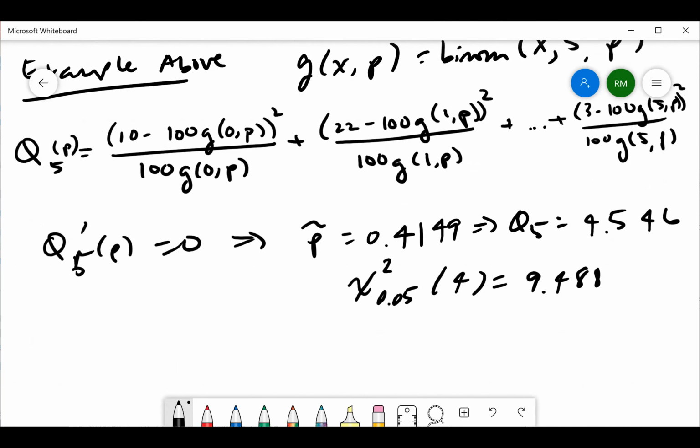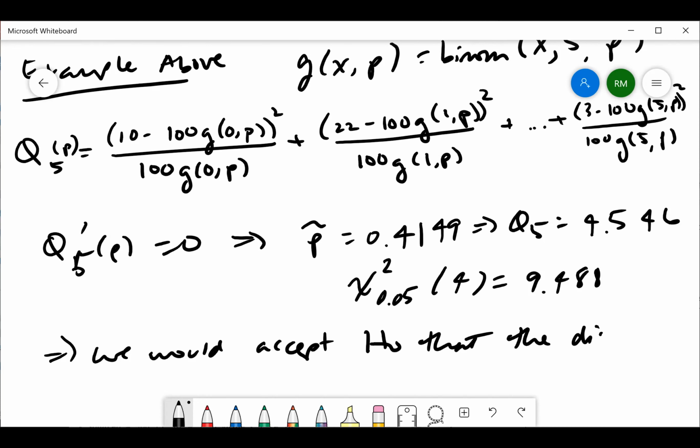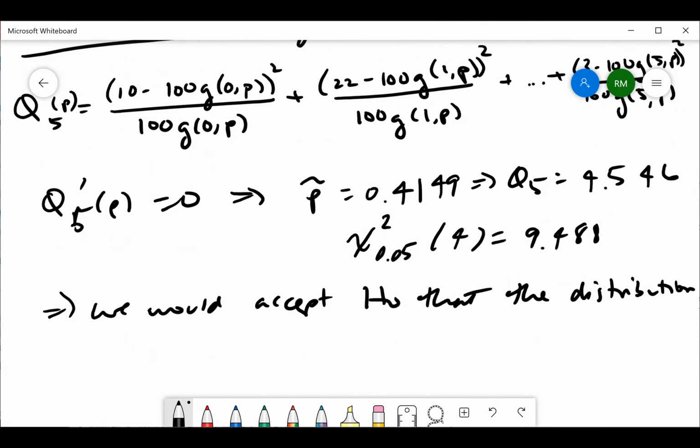And so here we would accept the null hypothesis that the distribution is binomial with probability of success 0.4149, which is not great for your brother because this means we accept the null hypothesis that the dice were loaded.